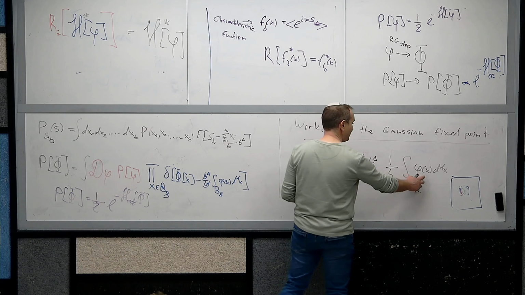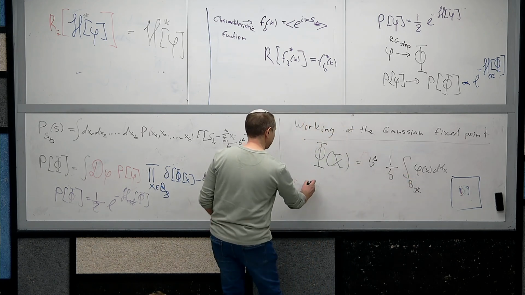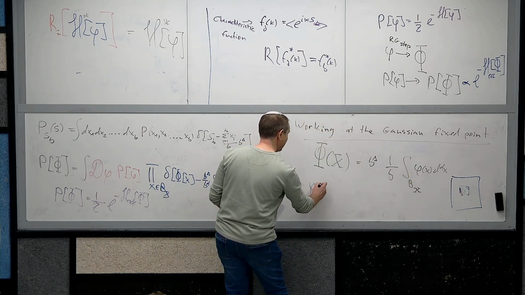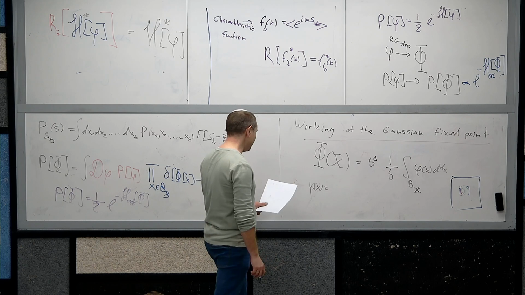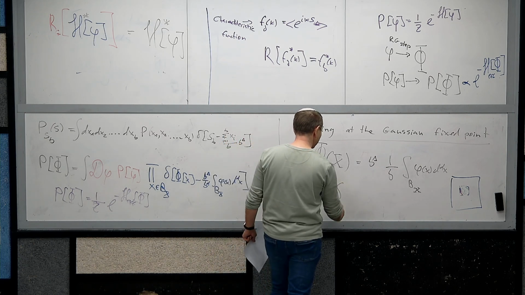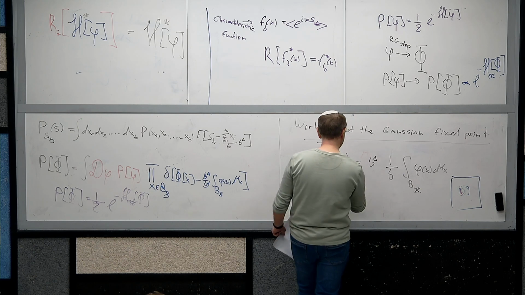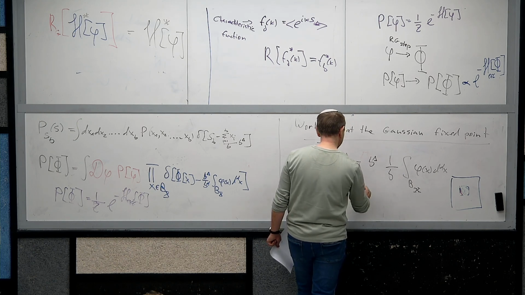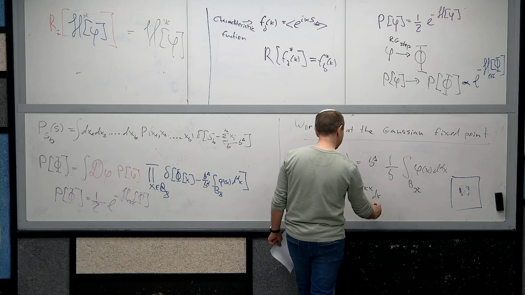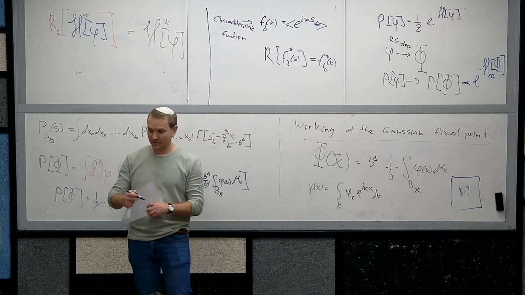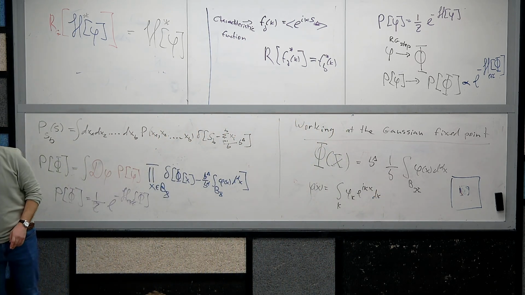We take this phi of x, and we say that it's an integration over k of phi of k e to the ikx dk. So we use the Fourier representation of this guy.